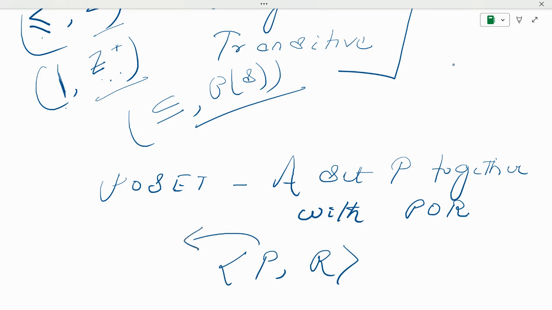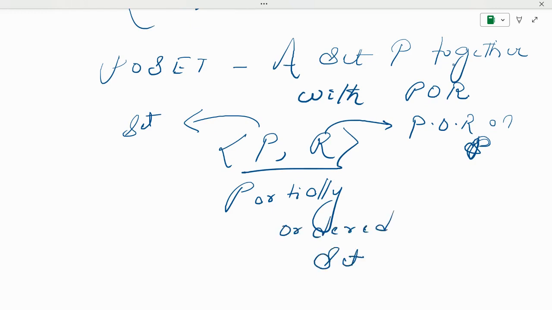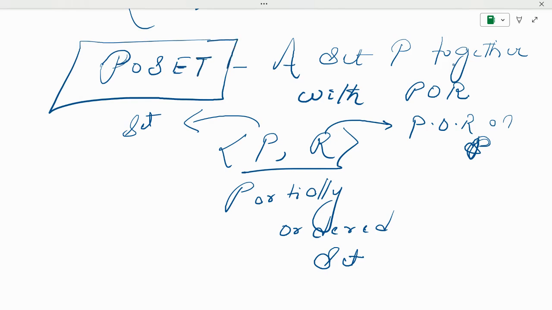So P is our set and R is a partially ordered relation on set P. This is a poset, a partially ordered set. A set P together with a POR is said to be a partially ordered set.